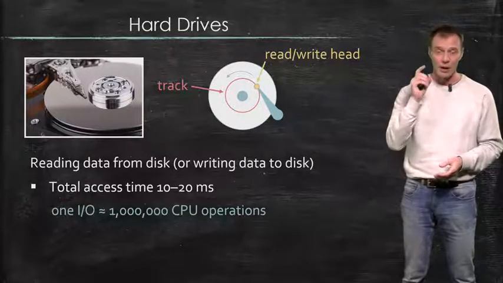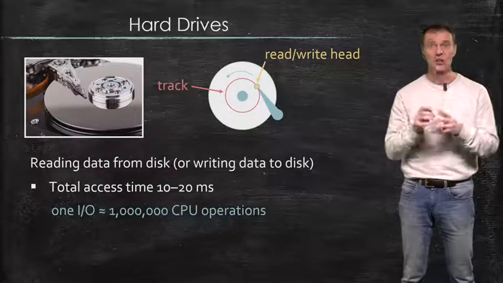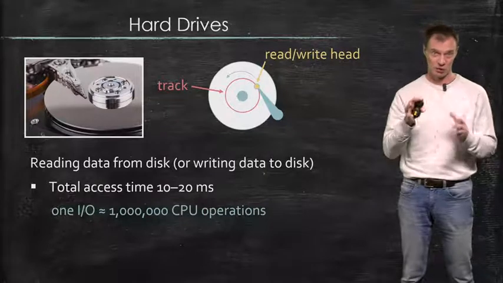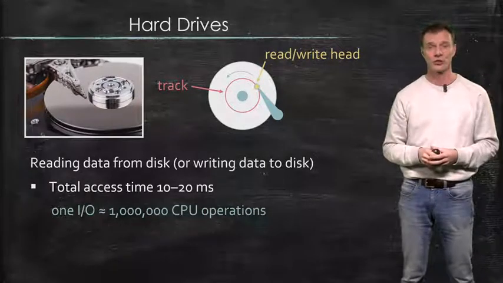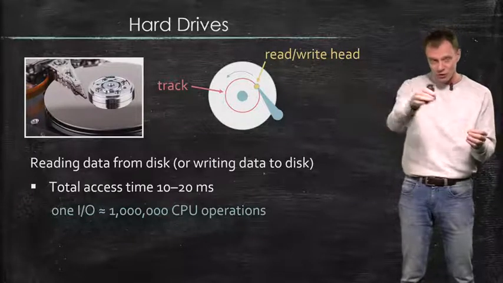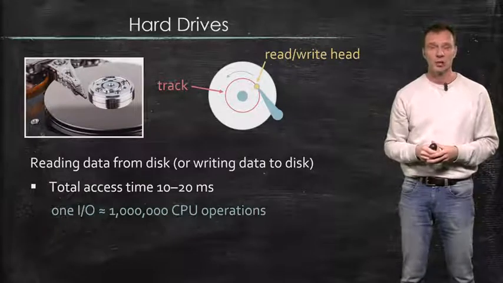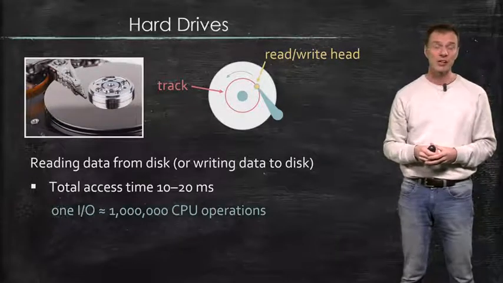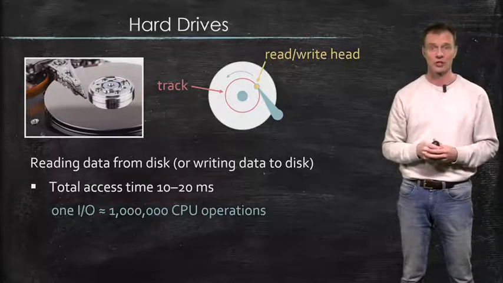Nowadays the clock time of modern processors is very high, this frequency. So it means that in the time that you need to access one item, you can actually do around 1 million CPU operations.